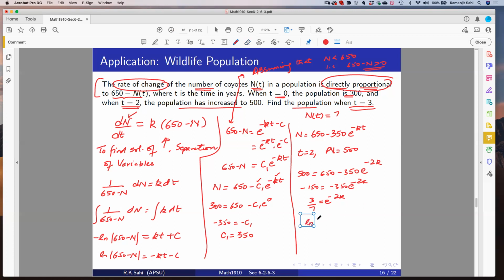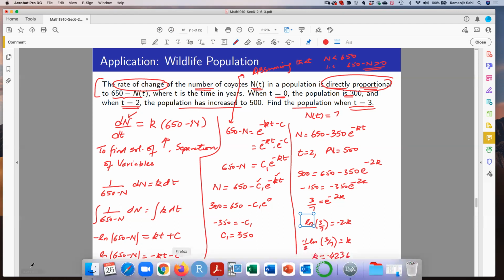So it's natural log of 3 over 7, equals negative 2k, times negative half. Natural log of 3 over 7 is k. Our k is approximately 0.4236.